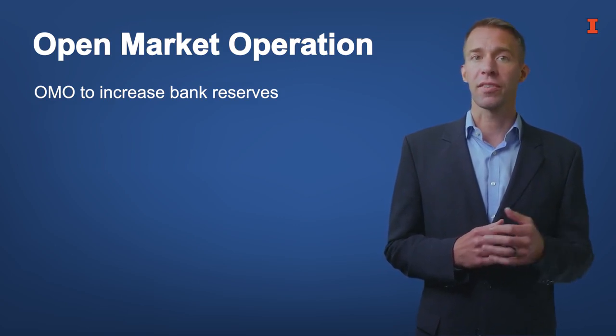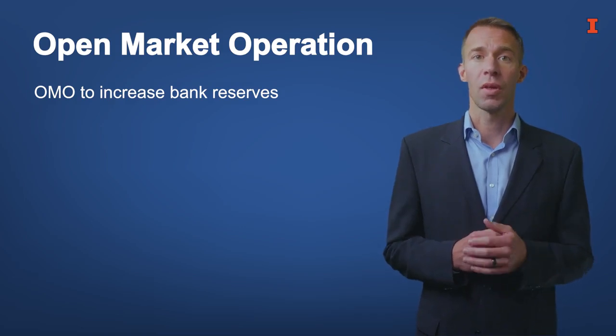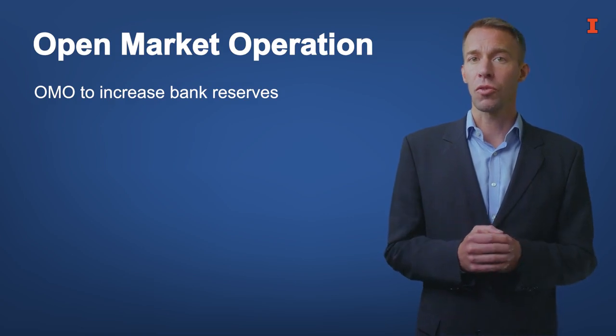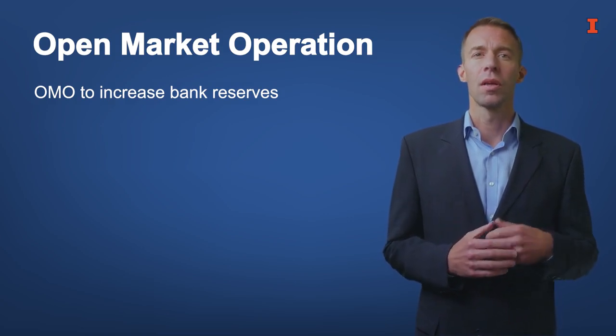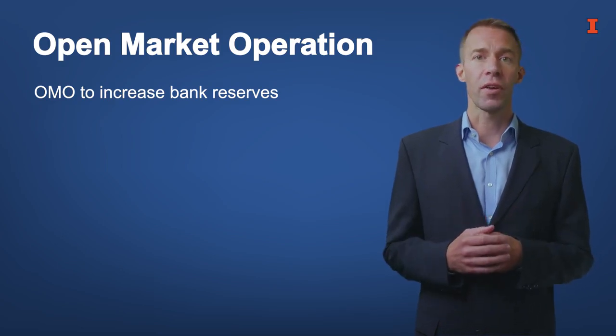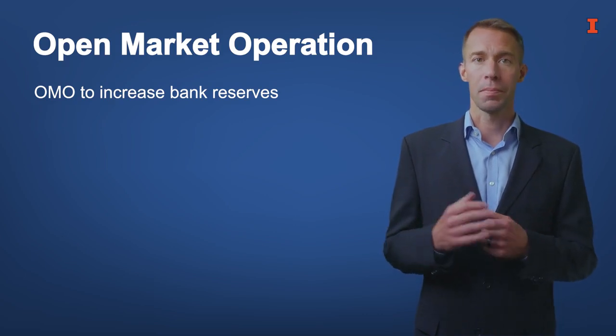Let's continue our example. Say the Fed wants to increase bank reserves. They could do this by giving banks more reserves in exchange for some securities. The bank would already own these securities and the Fed would have to pay a fair price. One more time.